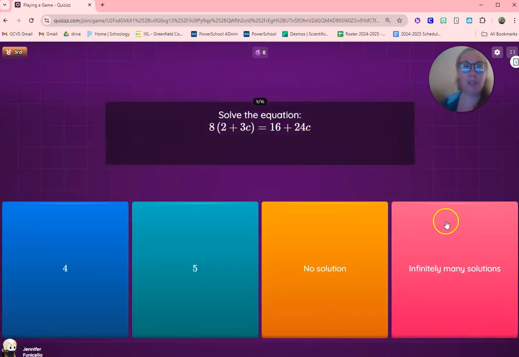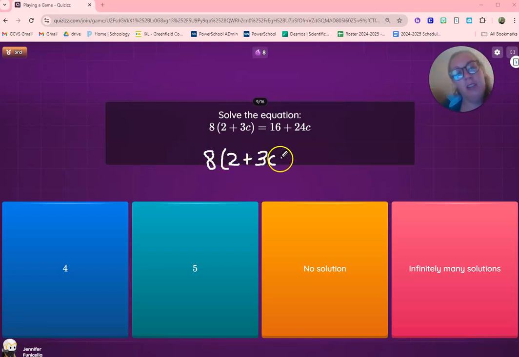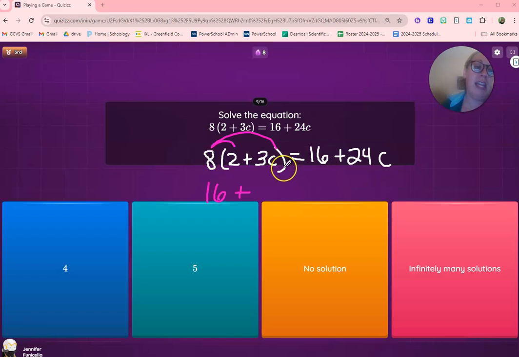So we're about halfway through on question 9 right now. 8 times the quantity of 2 plus 3c equals 16 plus 24c. So we want to distribute that 8 to see what our slope and intercept look like and to start solving. 8 times 2 gets us 16 plus 8 times 3c is a 24c.